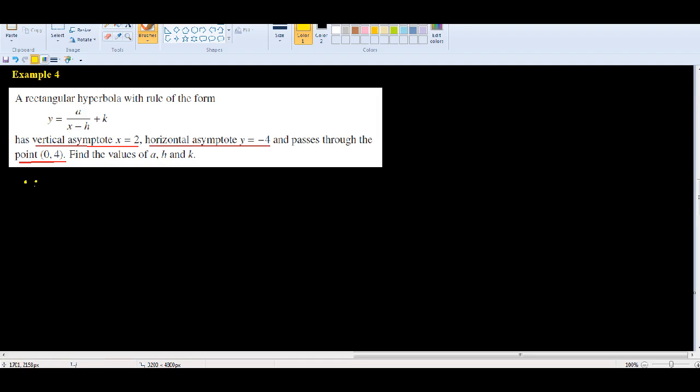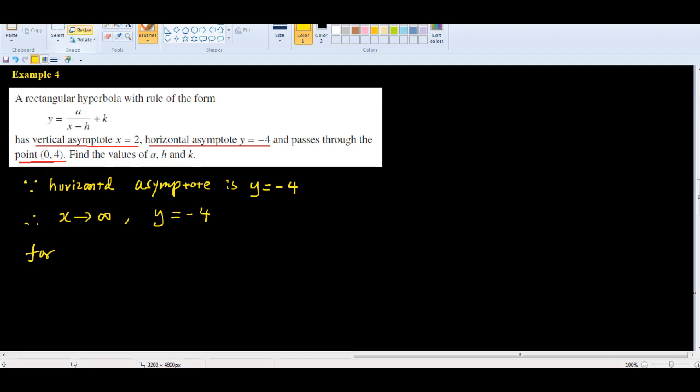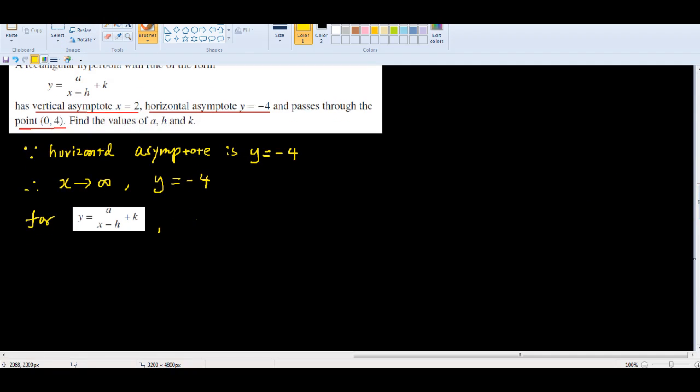So since we know the horizontal asymptote is y equals minus 4, that means when x tends to infinity, y equals minus 4. For the equation, when x tends to infinity, what happens?